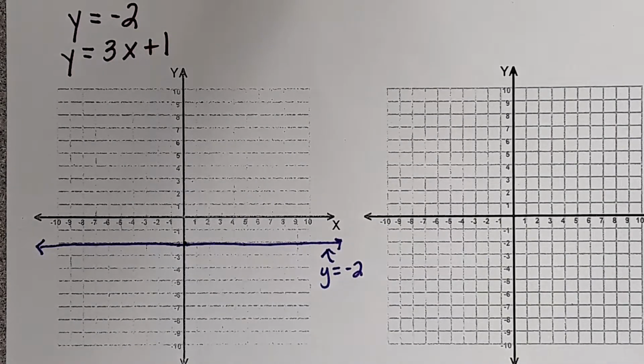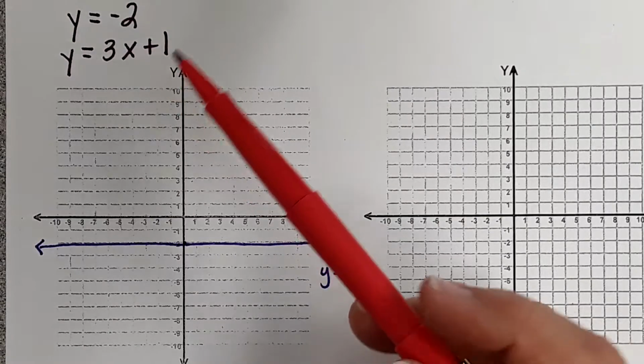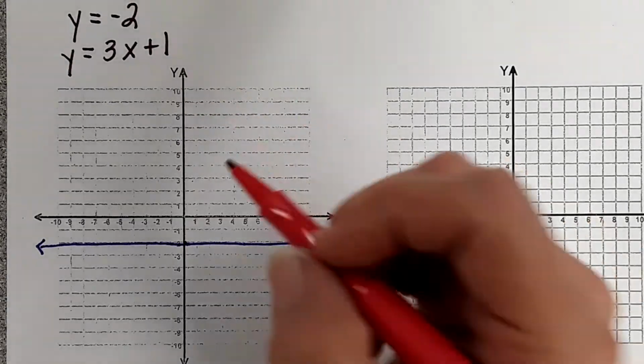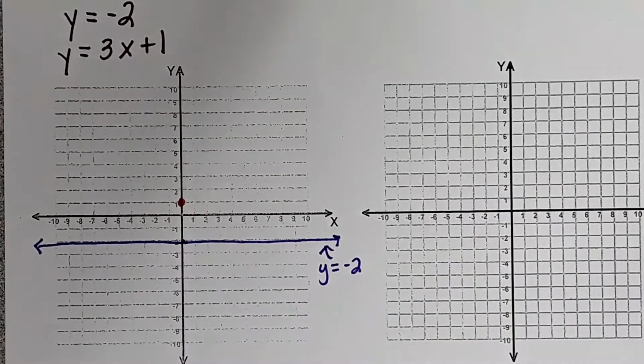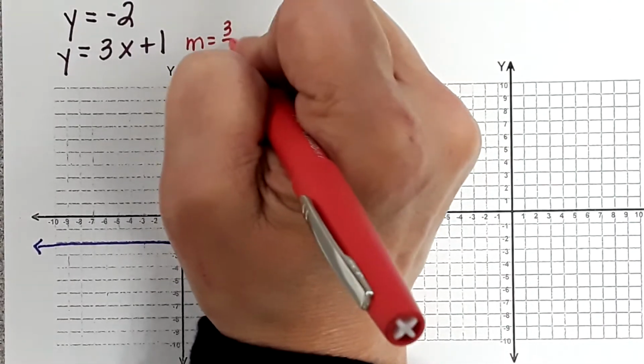On Friday, we started graphing these. So where am I going to start? At 1. So I'm going to start at 1. Now, what is my slope? My slope is 3, so 3 over 1.